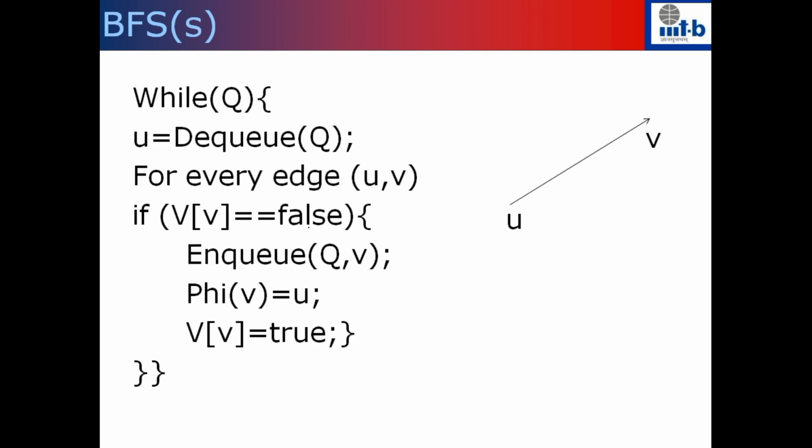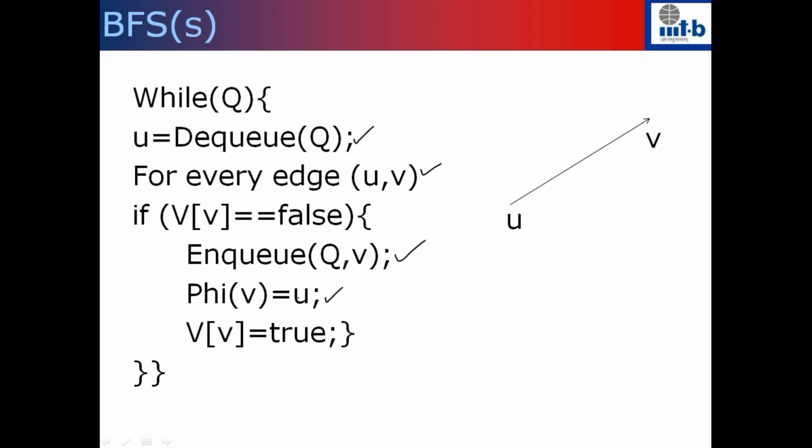Now we delete an element from the queue, that is the vertex u. Then you look at all the neighbors v of u. So this is basically traversing through the adjacency list representation of u. For every vertex v, the first thing that we ask is whether this v has been added into the data structure. If this is false, then we add it into the data structure and set pi of v to be u.